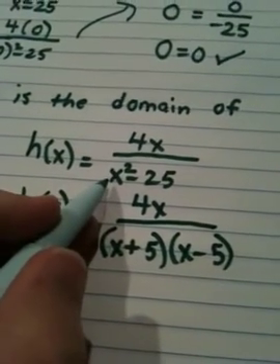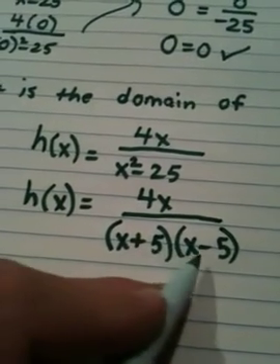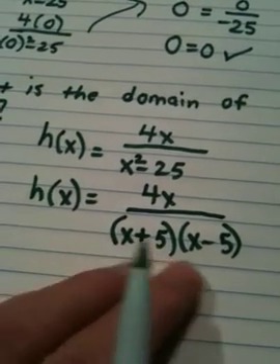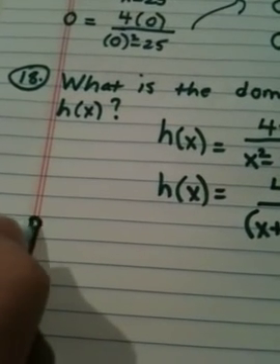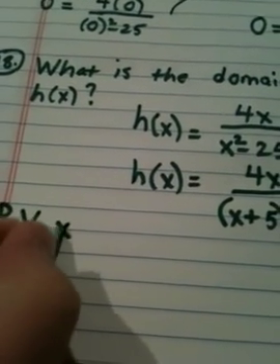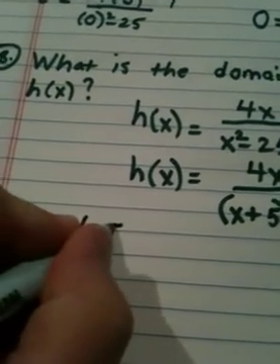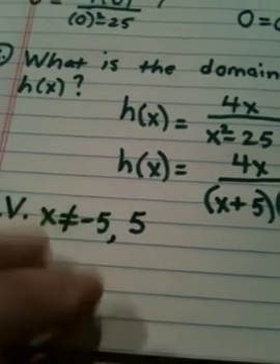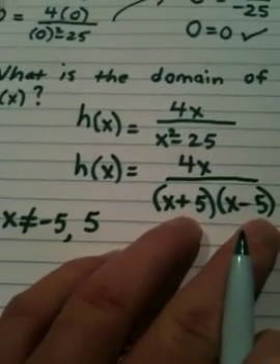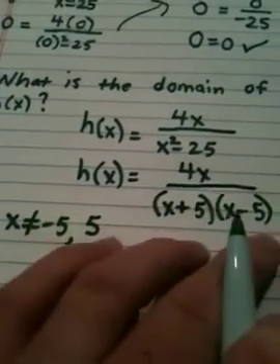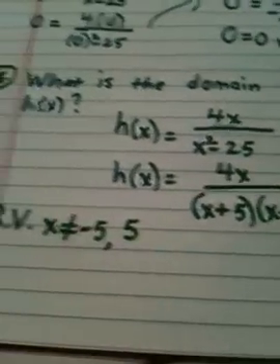So we know that x squared minus 25 is the difference of two perfect squares, x plus 5 times x minus 5, and that gives me two restricted values. I know that x cannot equal negative 5 and x cannot equal positive 5, because if either occurred, my denominator would become 0, and dividing by 0 is meaningless.